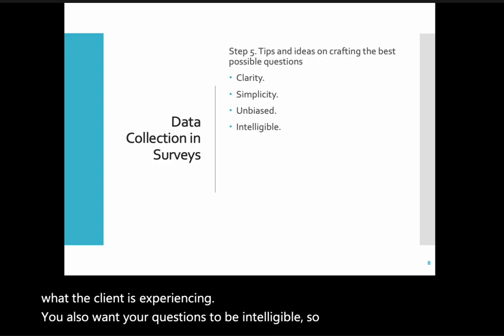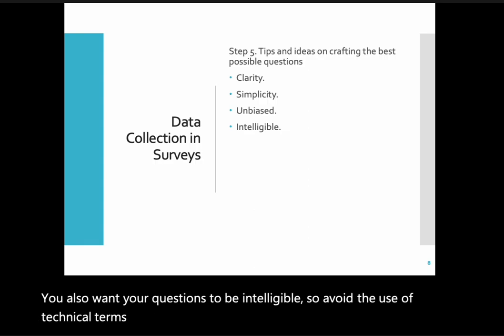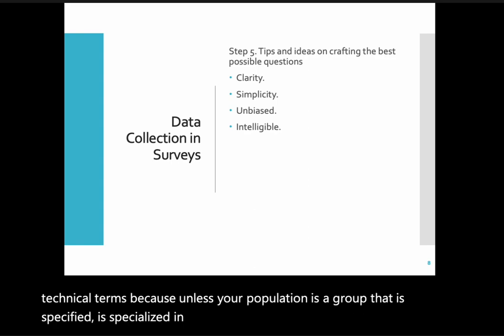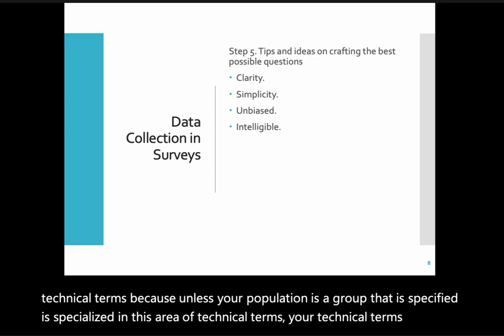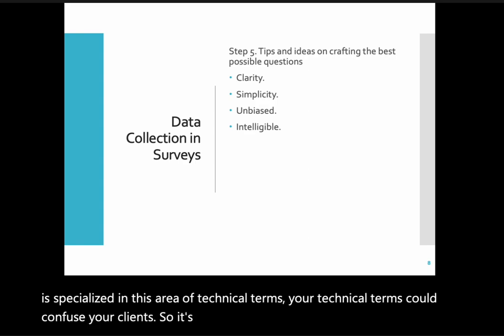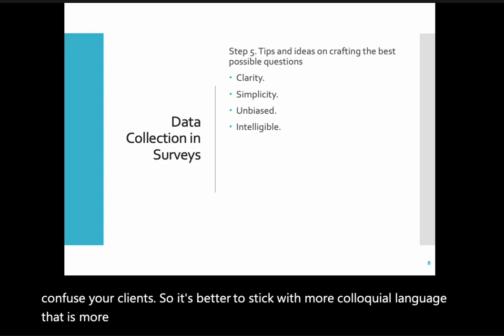So avoid the use of technical terms, because unless your population is a group that is specialized in this area of technical terms, your technical terms could confuse your clients. So it's better to stick with more colloquial language that is more widely known by the masses of people.